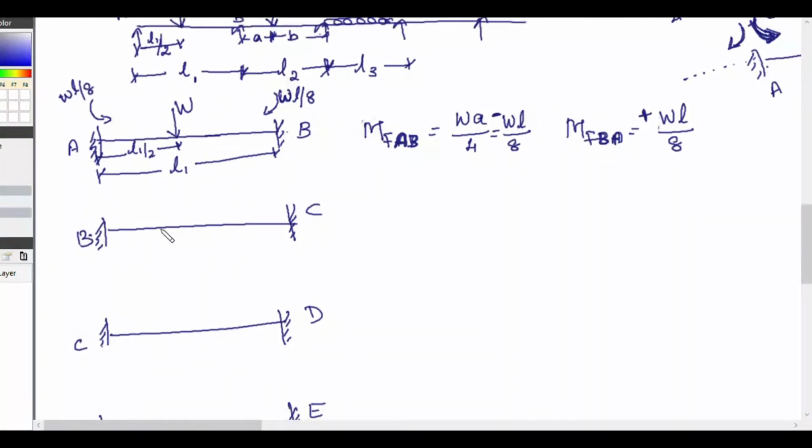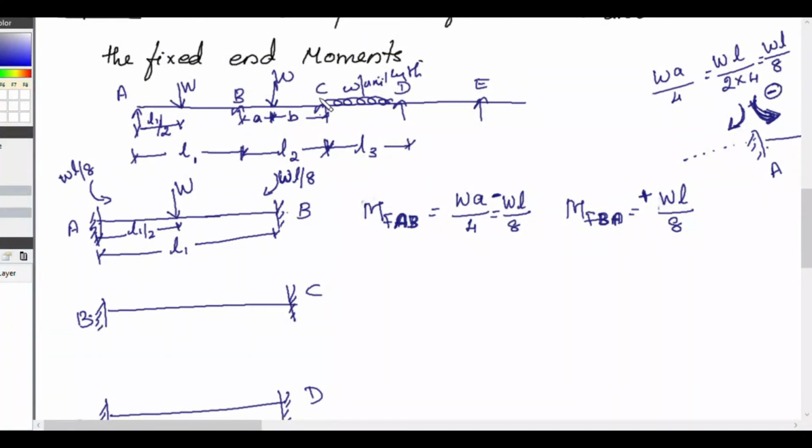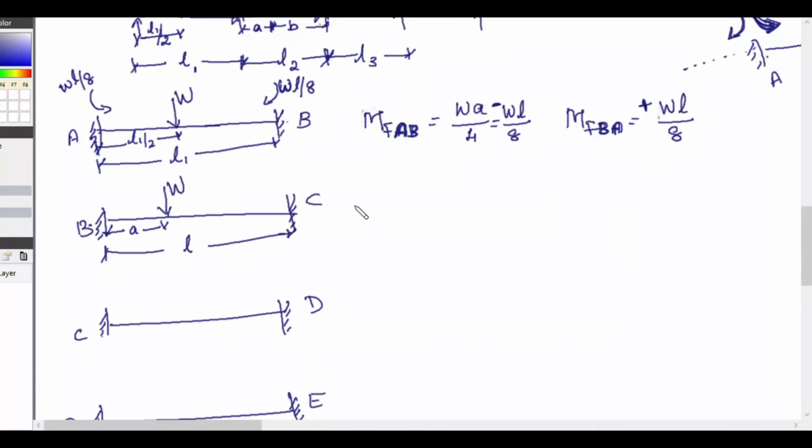Now, the second case you can see BC. BC, the span length is L2. For our understanding, we will take this as L. So this is L and there is a concentrated load W acting at A from B. So our formula will be MF BC equal to minus WAB square by L square, and MF CB will be equal to plus WA square B by L square.